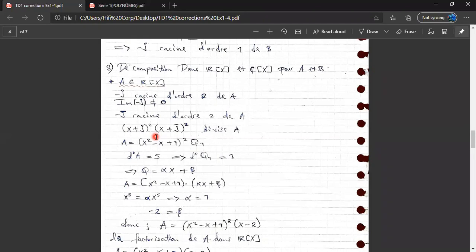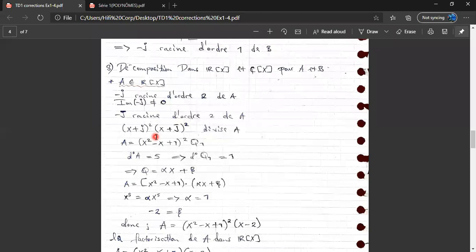But for you to decompose the full polynomial, you have to know all the racines which give you 0, and then when you know them, you can write it in the form of its racines as being decomposed. But the question has only given us negative j to be its racine.